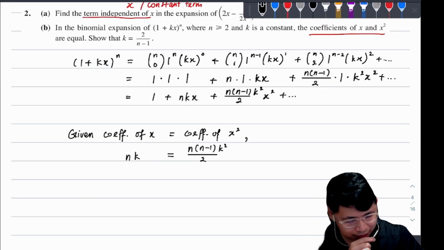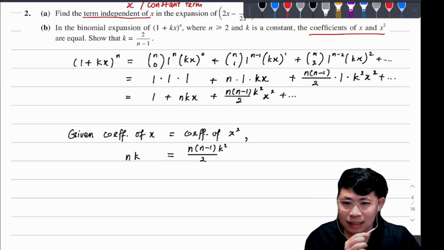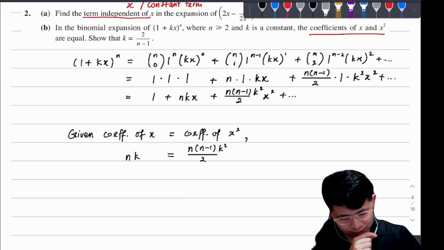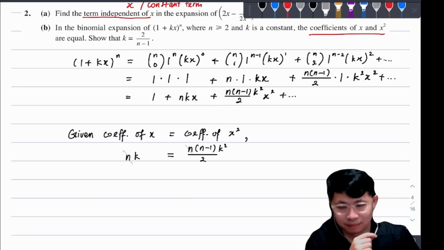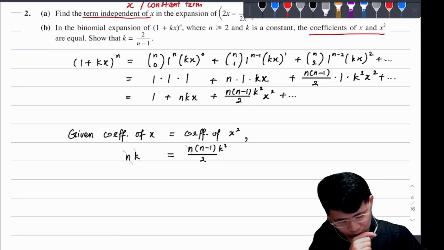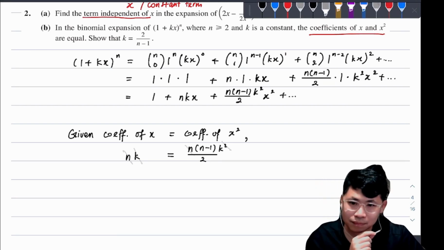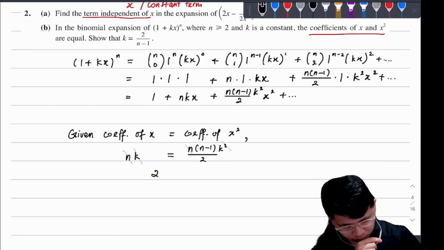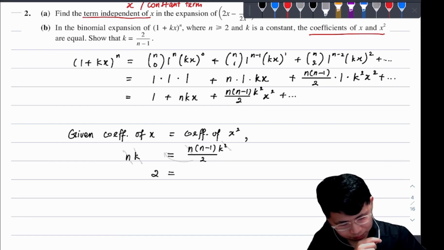Then from one glance, we can look at the left and the right to balance. We can cancel n, we can also cancel k, then we bring the 2 up. Over here I have a 2, I can bring it up to multiply on top, cross multiply.